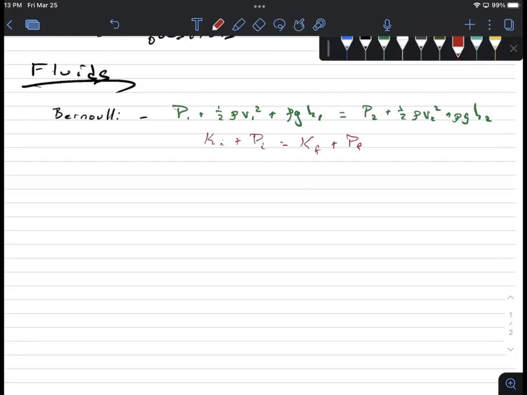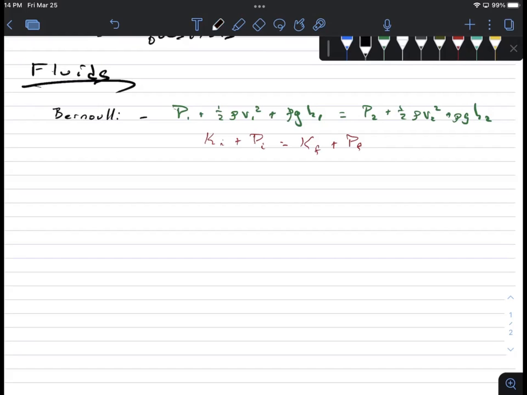And if you add up all of those terms, you get the total energy. If you look at this part of the system, the total energy is some number. You look at another part, it's the same number. However, how the energy is split up into the different pieces can change. That's what Bernoulli does, but instead of energy, we're talking about pressure.